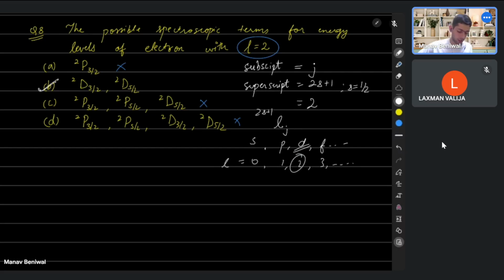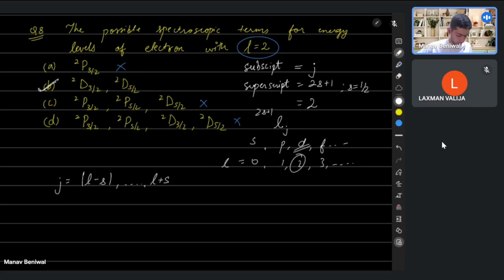Now we can also solve to get these two values of J. How? Because we know that J goes from mod of L minus S all the way up to L plus S. Here L is 2 and S is half.